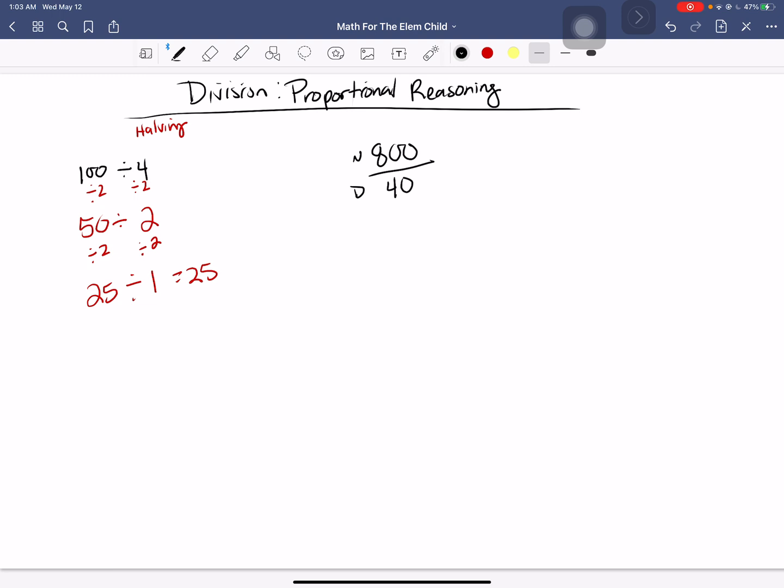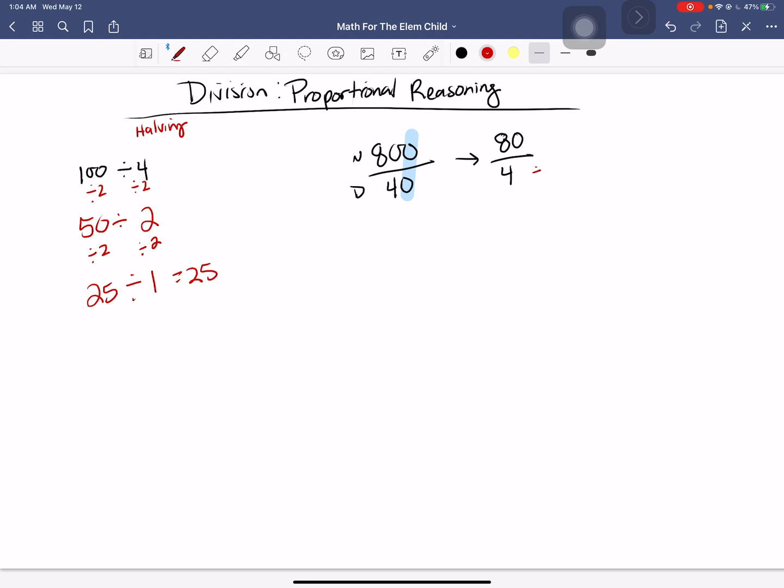Whenever we have a problem that has both the numerator and denominator ending in a 0, and they're lined up, we can definitely cancel that out. So now our problem is 80 divided by 4. We can reduce this starting with 4.